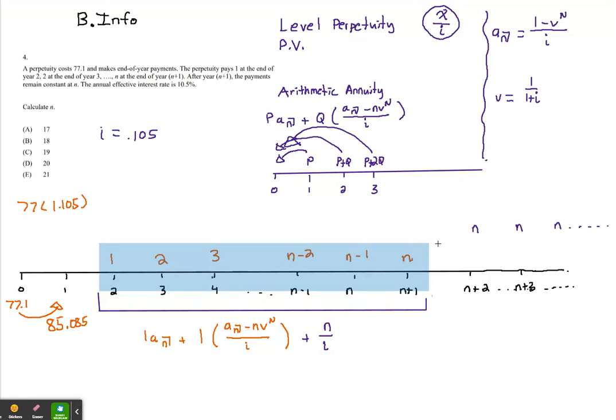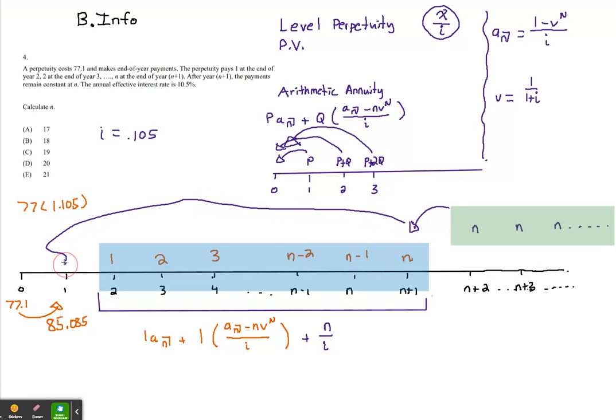But that just takes all of these back to this time period right here. And what's the comparison date? It's right here, so I need to go back to there.